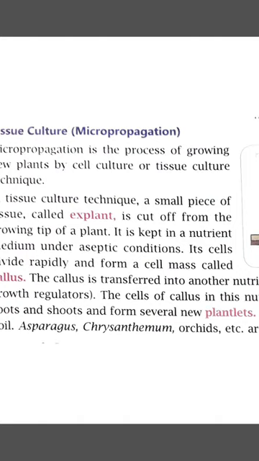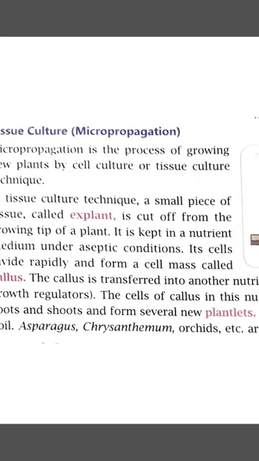This callus is transferred to another nutrient medium containing hormones, or you can say growth regulatory hormones. The second nutrient medium contains hormones responsible for the growth and differentiation of roots, shoots and stem in the plantlets.